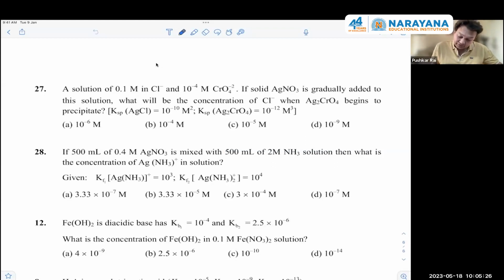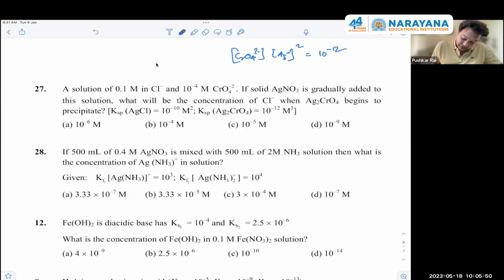So what is the idea of the problem? See, the Ksp of Ag2CrO4 is given as 10 to the power minus 12. That means the CrO4 2 negative concentration into the Ag plus concentration whole square must be equal to 10 to the power minus 12.